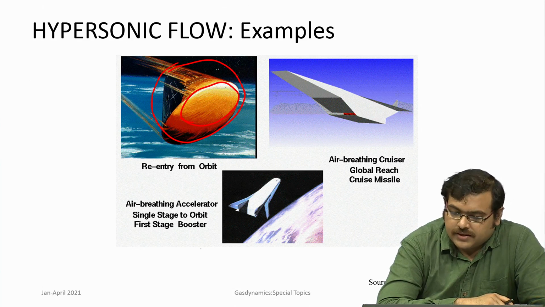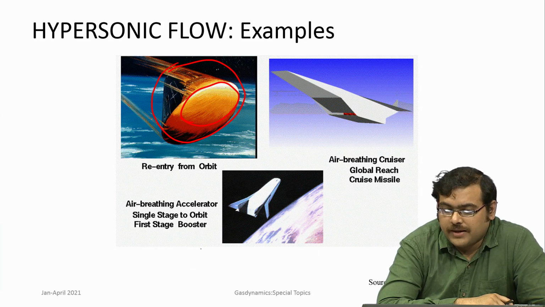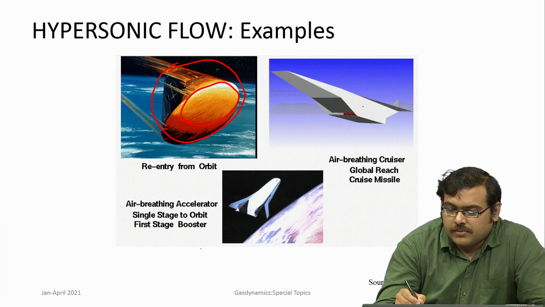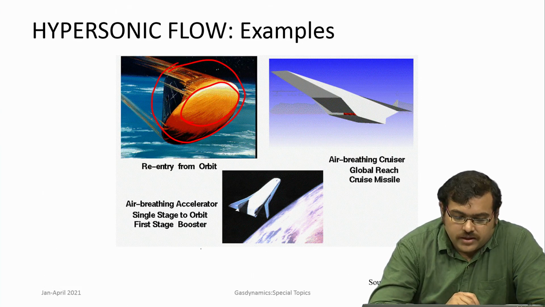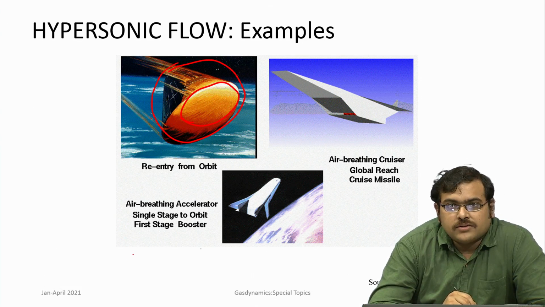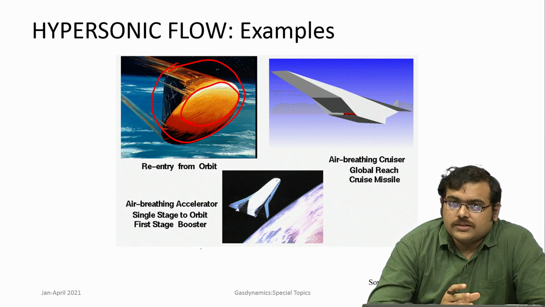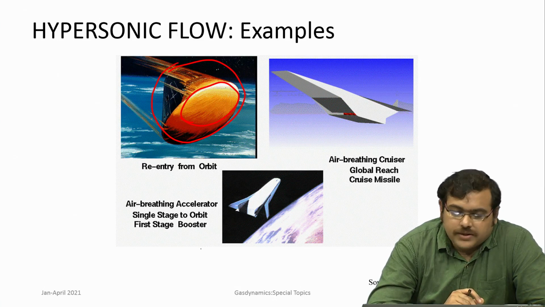The other case is that of different novel applications that people are looking at. One is very high speed cruise vehicles that can travel across the globe in short durations. The other is single-stage vehicles. Normally, any rocket carries both the oxygen and the fuel within itself, and goes up, and it is usually consumed.